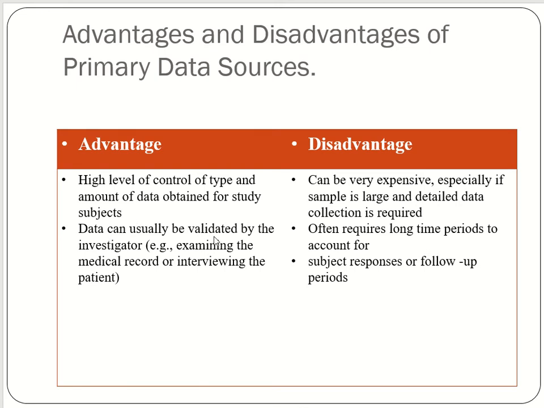Data can usually be validated by the investigator. So, a very simple example, you may ask somebody if they suffer from a certain disease, let's say hypertension. You may measure their blood pressure, for example, or instead of asking them to report their weight, you may actually ask them to step on a scale and measure their weight.